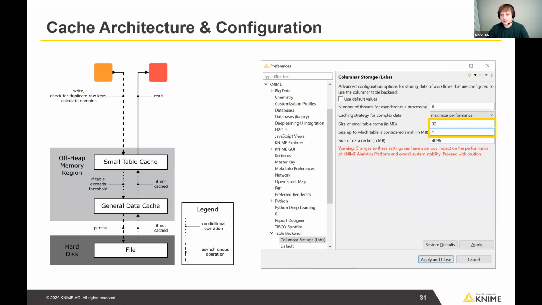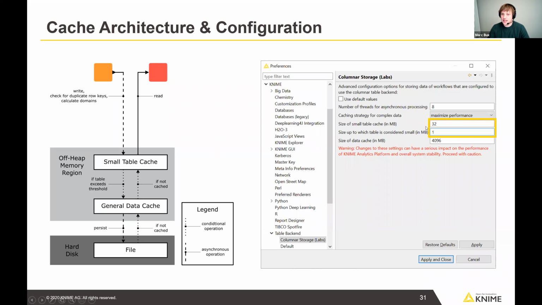So there's another cache layer in place that just blocks any small tables. If the table that this orange node writes is super small, then it'll be placed inside that small table cache, and it will only be passed onwards if it's ever dropped from that cache for whatever reason.